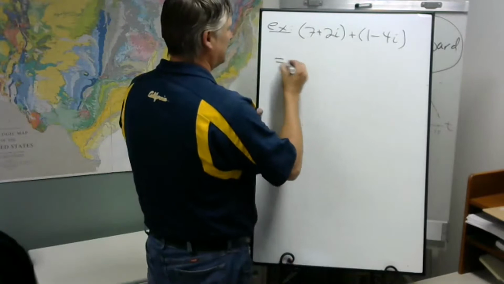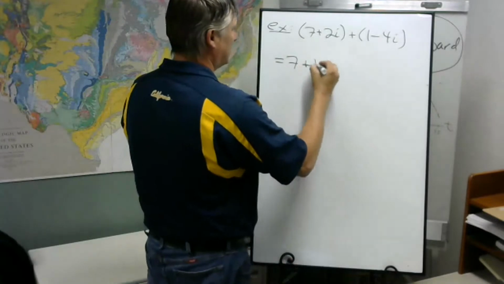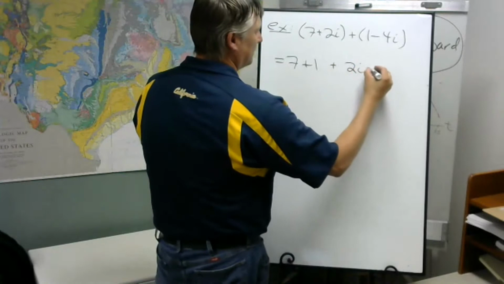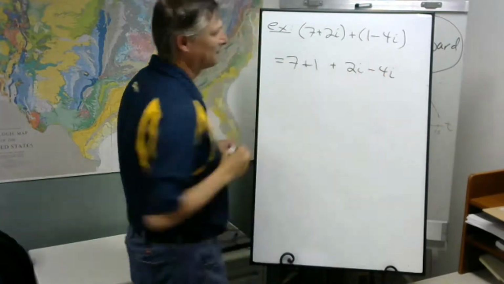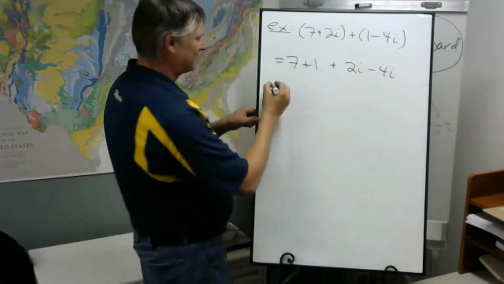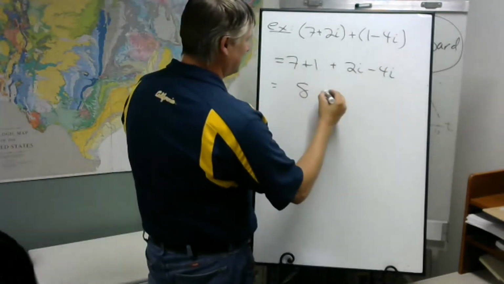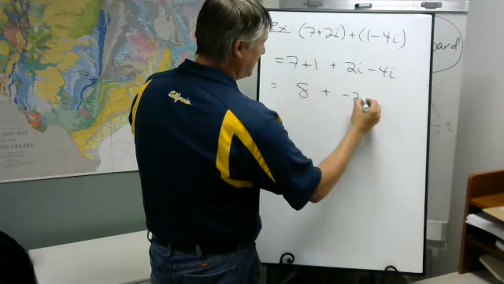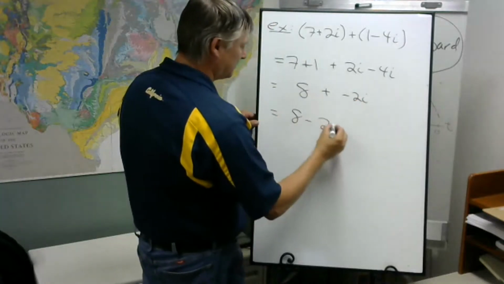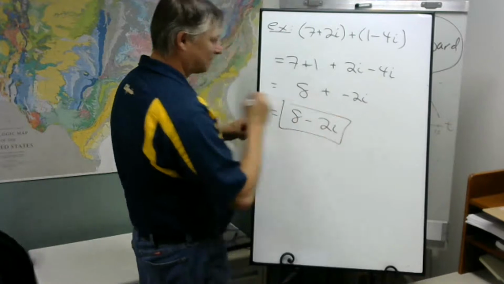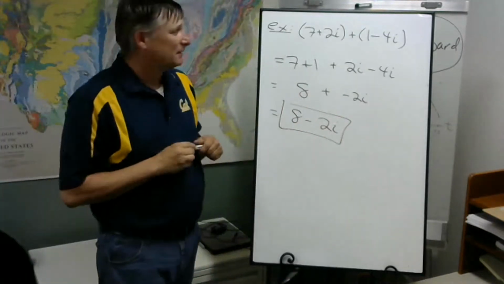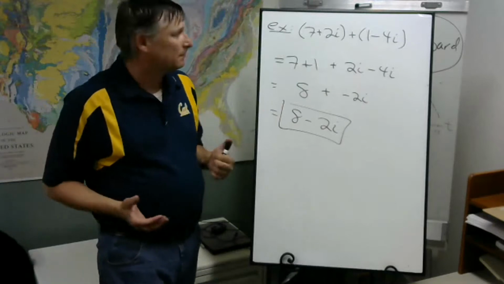So this will be 7 plus 1, plus 2i minus 4i, or 2i plus negative 4i. So this will be 8 plus negative 2i, or 8 minus 2i. And that's it. We're just combining like terms.